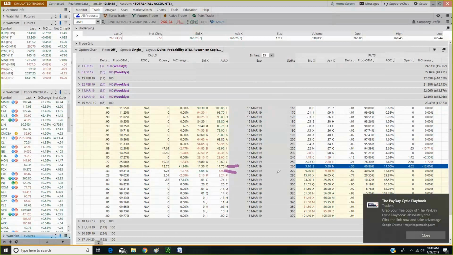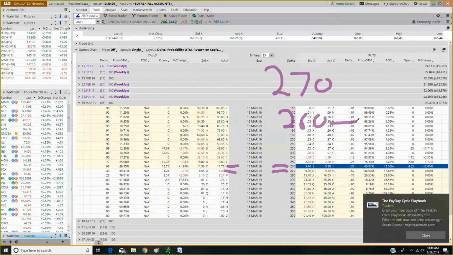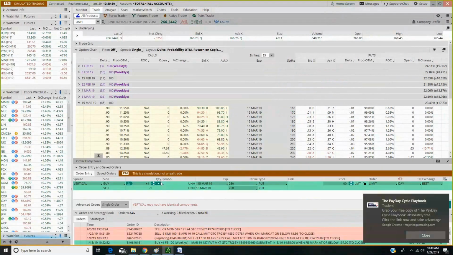When you're doing the put side, you sell the first strike out of the money, you buy the first strike in the money. Because remember, you want it to go down. So the leg that you sell is the low leg, you buy it. So a minute ago, I just had to flip the numbers. So I'm going to sell the 260 and I'm going to buy the 270. Boom, there we go.